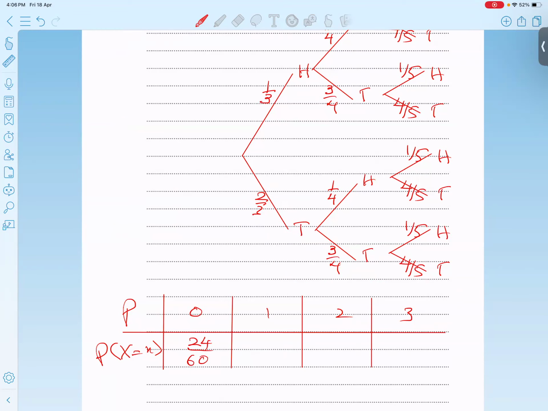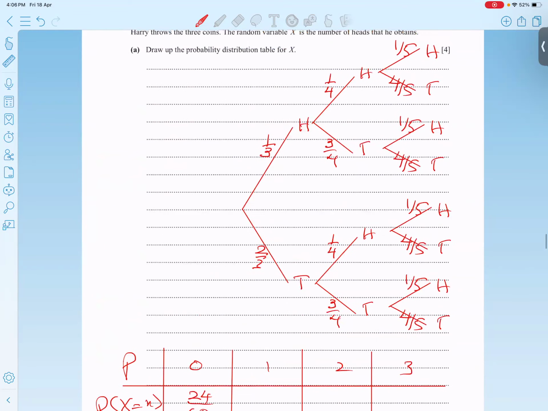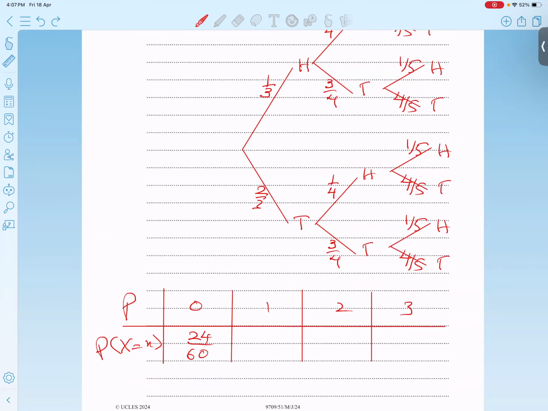1 head means I will find the branches with 1 head. Wait a minute, 1 head means this branch, this branch, and the second branch is this, and the third branch is this. So the answers for 1 head: 3 fours are 12, and 12 comes from this branch, so 12/60.